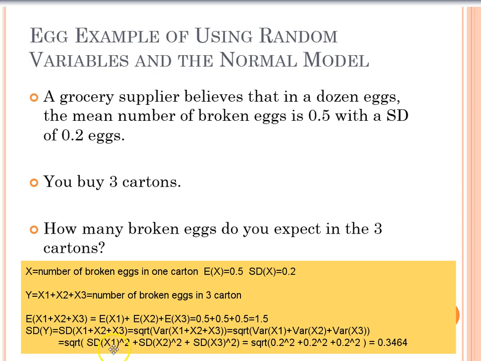So now we have each of the single cartons separated out by their standard deviation. And we can simply plug in the fact that the standard deviation of 1 carton is 0.2, and then we'll square that for each individual carton, sum all of those up, and square root it. And that will give us the standard deviation of y, which is 0.3464.